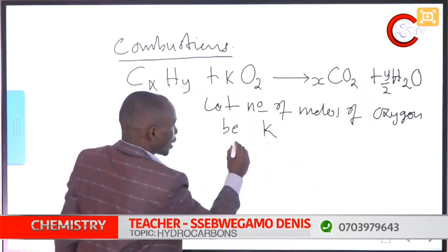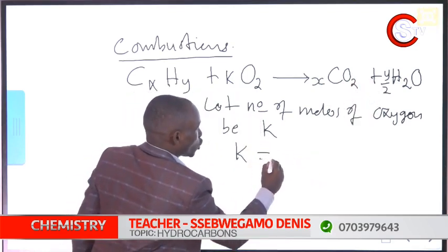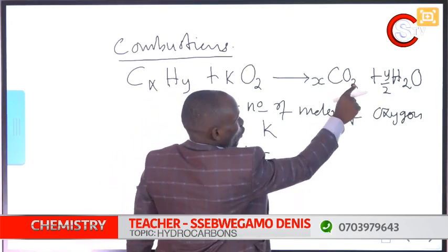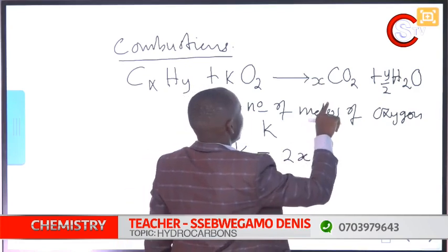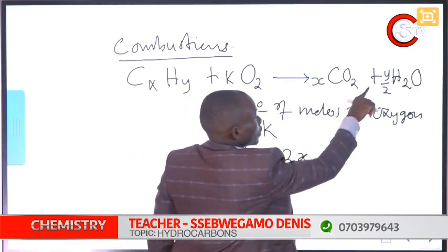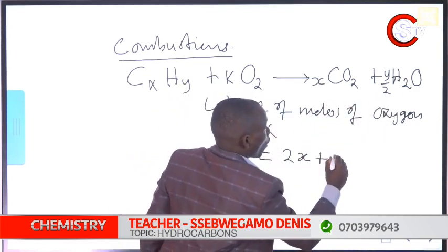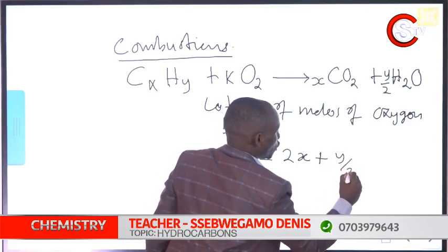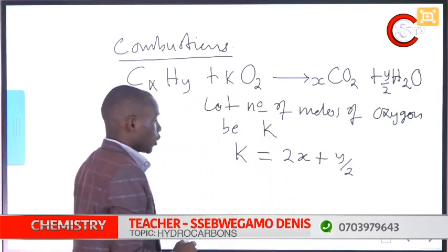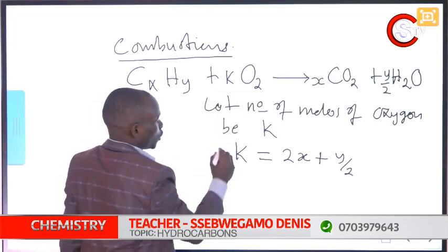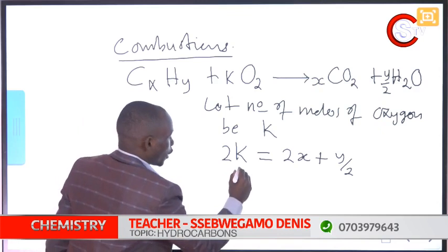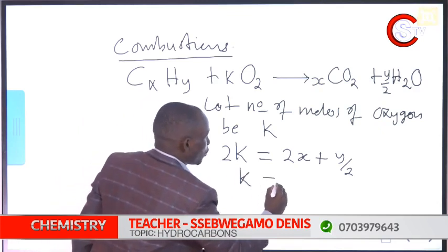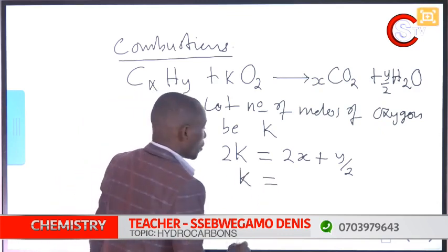So my 2K will equal 2x plus y over 2, since oxygen has a 2. So if I'm looking for the value of K, I'll simply divide through by 2.